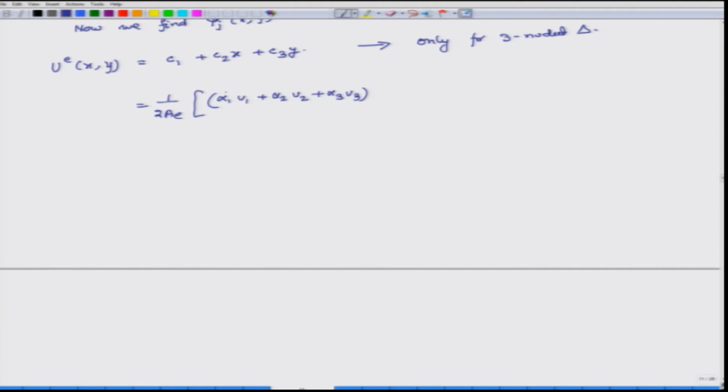So, that is my C1, plus C2x. So, that is beta 1 U1 plus beta 2 U2 plus beta 3 U3 times x, plus gamma 1 U1 plus gamma 2 U2 plus gamma 3 U3 times y.